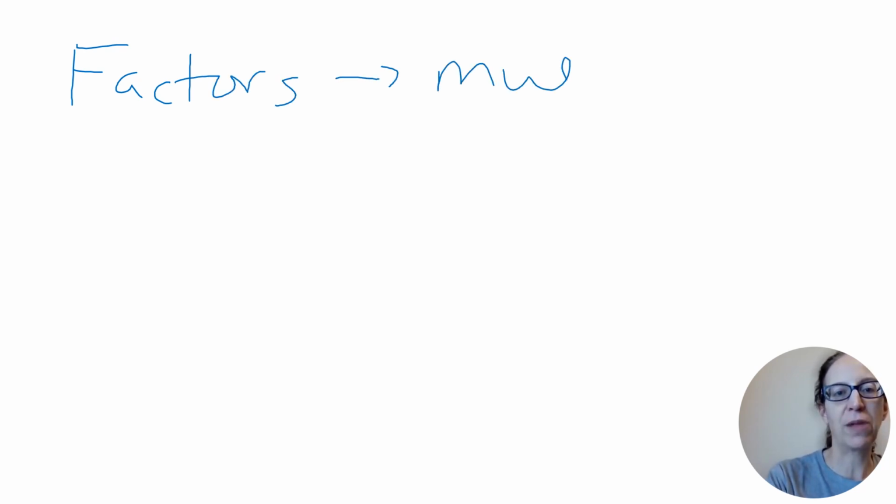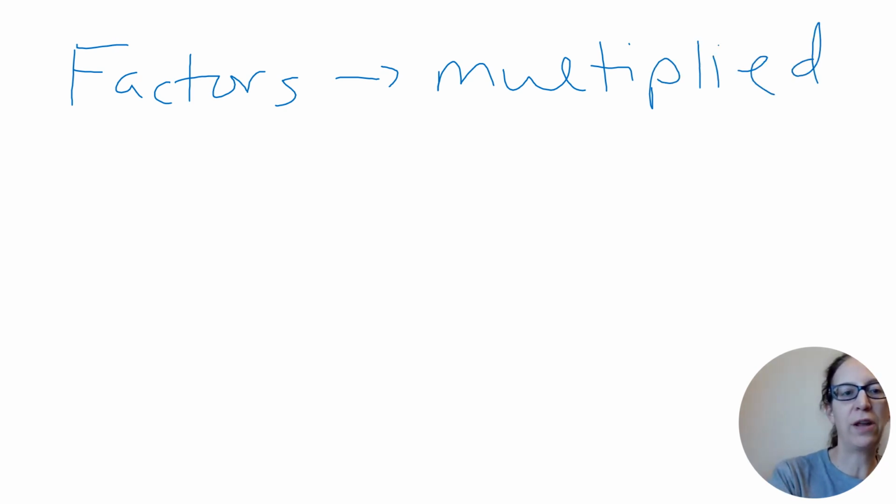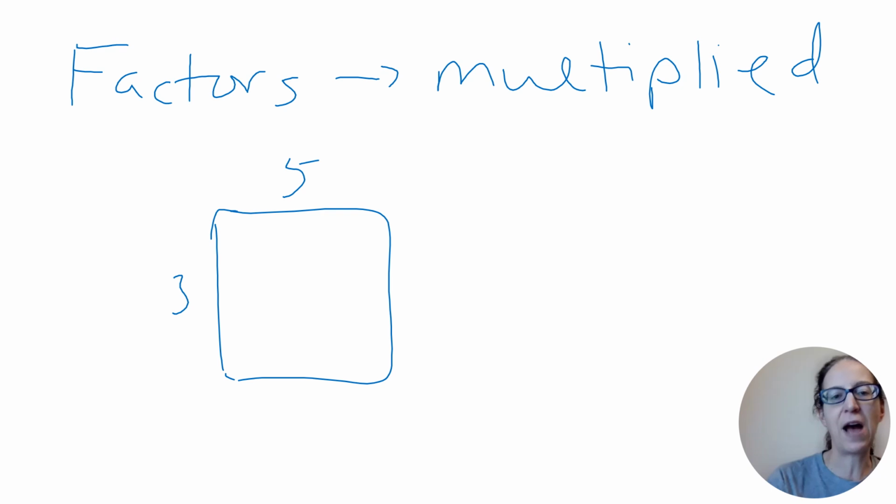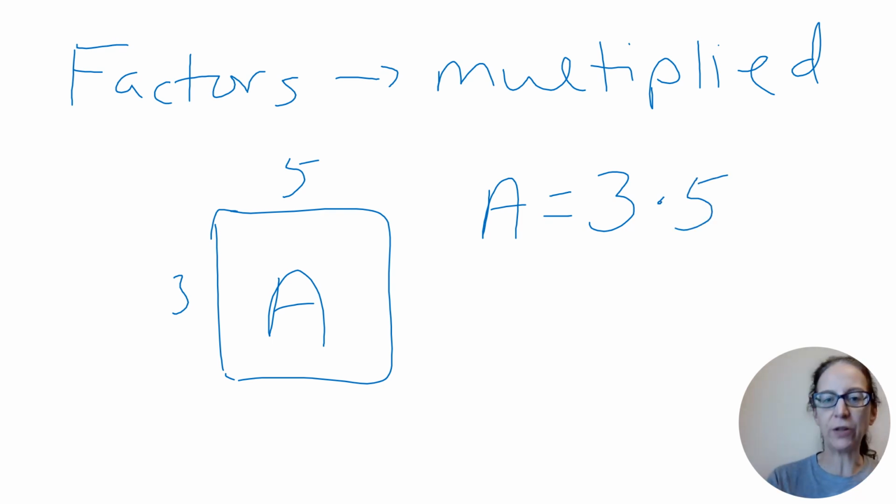So just to recall a couple of things, factors are things that are multiplied to give us something called a product. If you look at a rectangle, and the height of the rectangle is 3 and the width of the rectangle is 5, and you were asked to find the area, it would be the base times the height, or length times width, whatever words you want to use there.